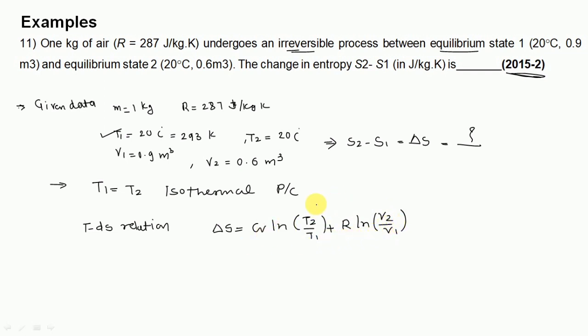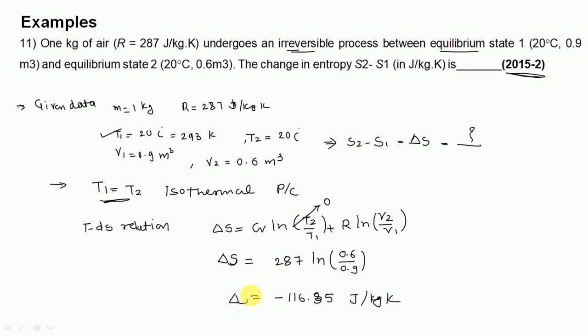Here the temperature is the same, T1 and T2, so the logarithm term becomes 0. The final equation is delta S equals m R ln V2 by V1. Put in the data given in this example: R is 287, mass is 1 kg, V2 is 0.6 and V1 is 0.9. If you calculate this value, you get the answer minus 116.35 J per kg.